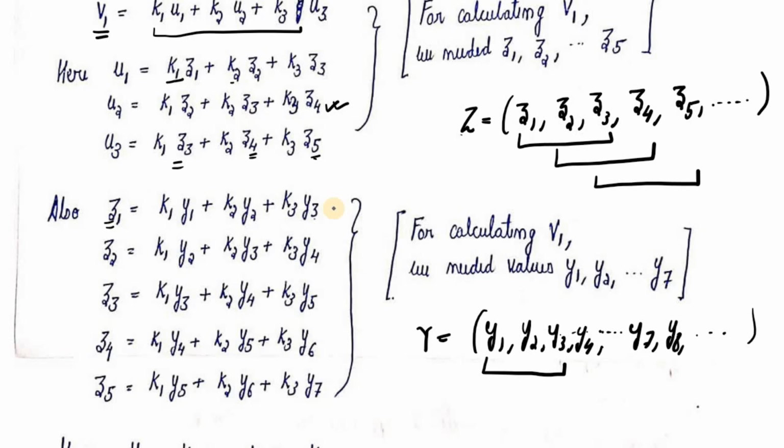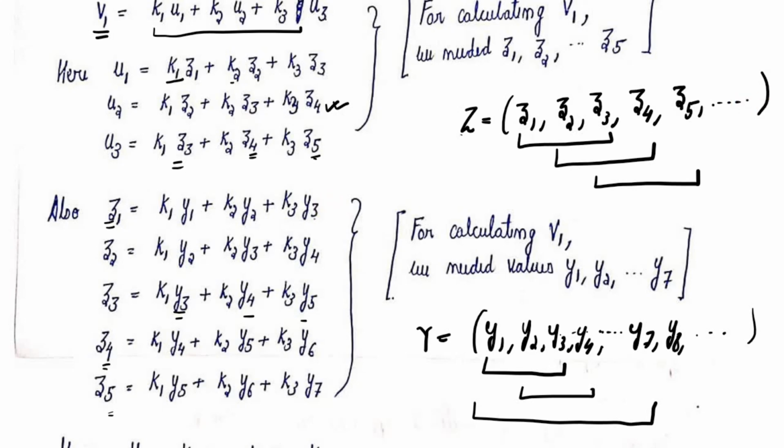This is what we get as z1. For calculating z2, we consider y2, y3, y4, do the dot product with kernel k, and we get z2. Then y3, y4, y5 in a dot product with k give z3, and y4, y5, and y6 in a dot product with k give z4, and eventually for z5 we need y5, y6, and y7. So at least the first 7 values of y are needed to get z1 to z5.